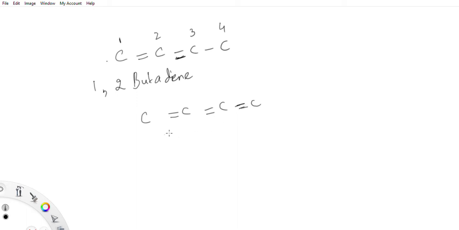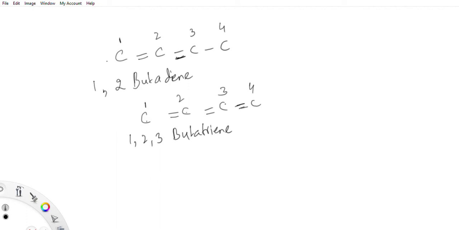It doesn't matter whether I start counting from left or right, because the positions remain the same. So I would say 1,2,3-butatriene, because there are 3 double bonds, and I mention all 3 positions and the number of double bonds too.